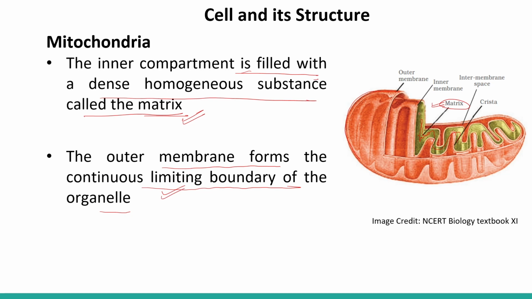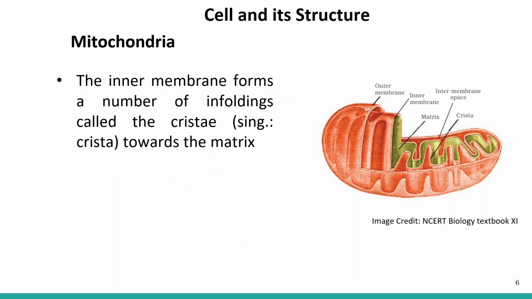Whereas the inner membrane invaginates, it is not smooth, and forms a crystal-like structure. The inner membrane forms a number of infoldings or invaginations called cristae towards the matrix side.